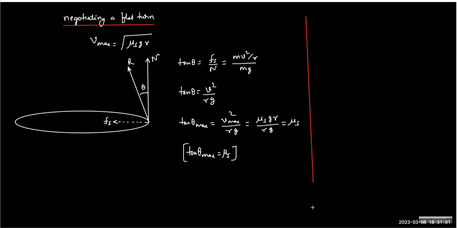But human beings are the most ambitious of all species, right? And what we wanted to achieve? Higher speed. So if you want to achieve higher speed, then what will you do? Tell me. To achieve higher speed, what will you do?